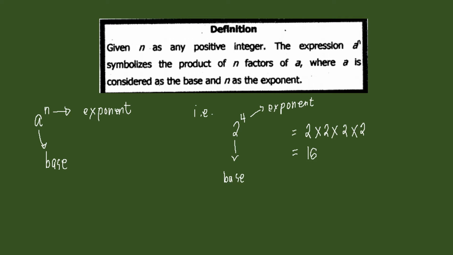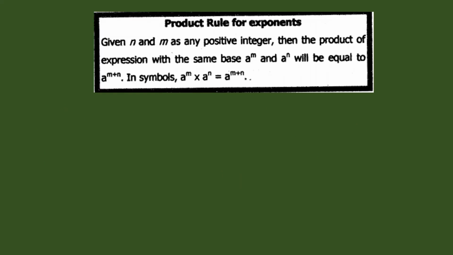Now, how does this relate to the different laws of exponents? Let us first look at the product rule for exponents. Again, the key word here is product. That means there is multiplication in the operation of the given expression.